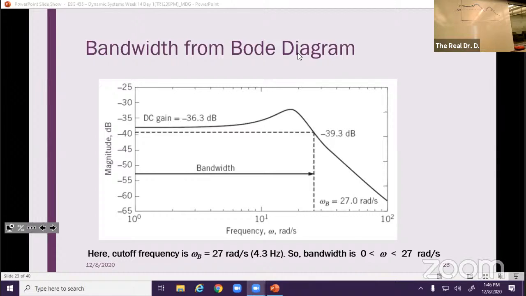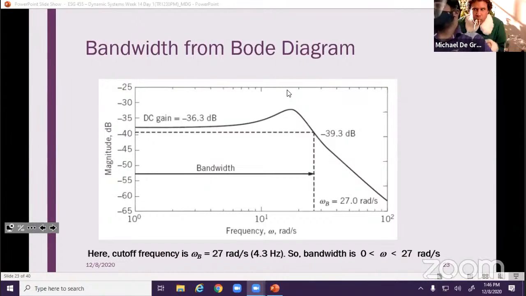Questions on bandwidth? John. So that arrow isn't saying anything, the bandwidth arrow is just showing that entire region, it's not necessarily that it has to be like.